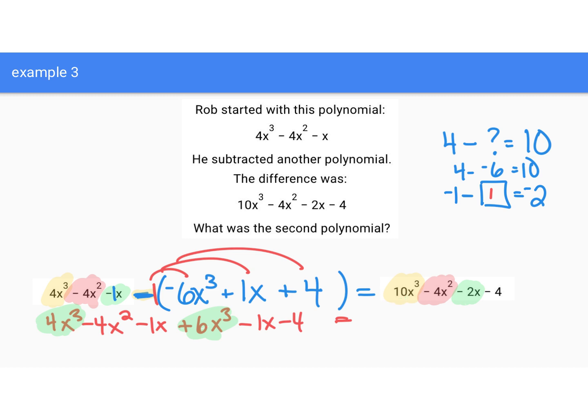Combine the squared terms. There's only one, so that would be the negative 4x squared. Then negative 1x minus 1x is indeed negative 2x, and then minus 4. So it does work. So what is the final answer here? It says, what was the second polynomial? It's what's in the blue parentheses. So negative 6x cubed plus 1x plus 4.